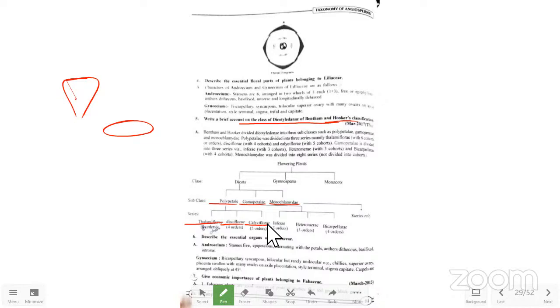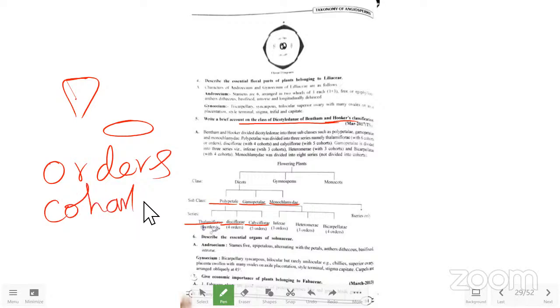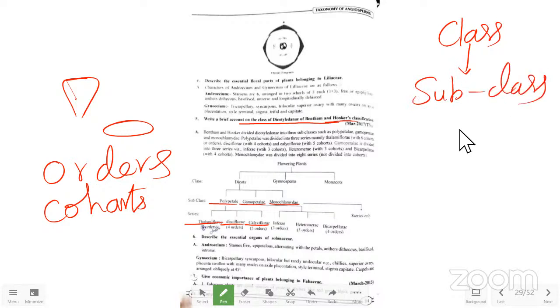Each and every series is having its own orders in them. So these orders are what we call the cohorts. So what Bentham and Hooker did: the class is divided into subclasses, the subclass is divided into series, the series is divided into cohorts.